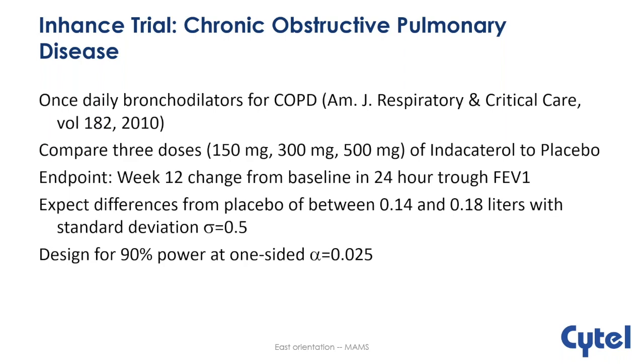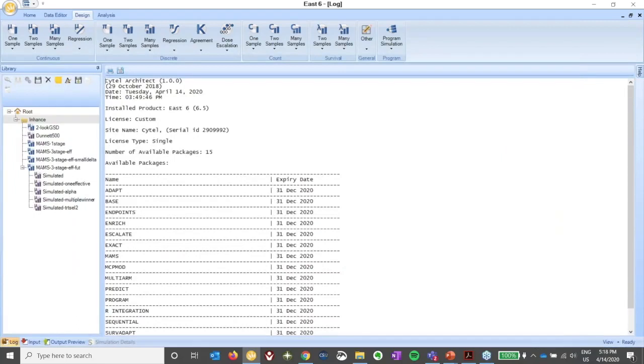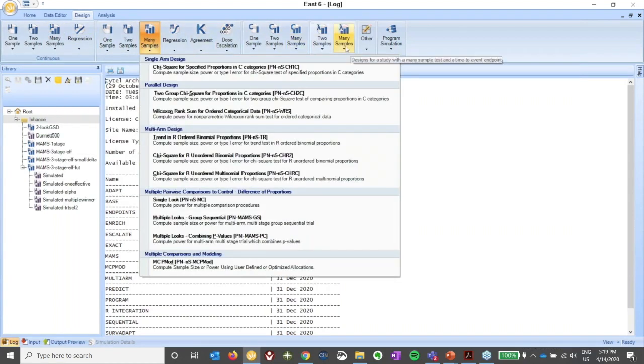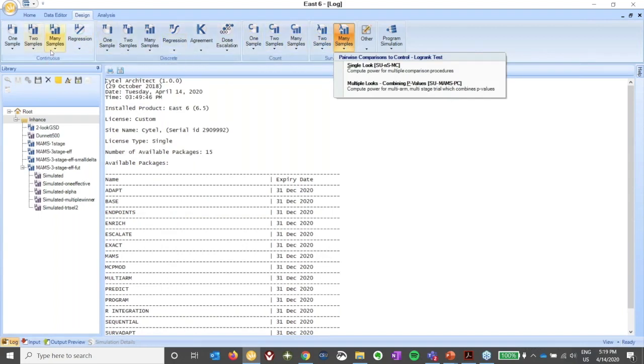So what I'm going to do is initially go into EAST to see how we can try and deal with a design like this. So this is what EAST looks like for those of you who are already familiar with it. The access to the MAMS functionality is through the many samples menu option, either for continuous, for binomial, or for time to event endpoints.